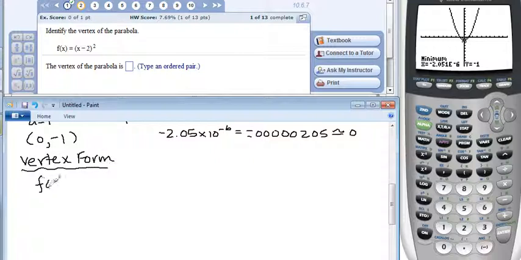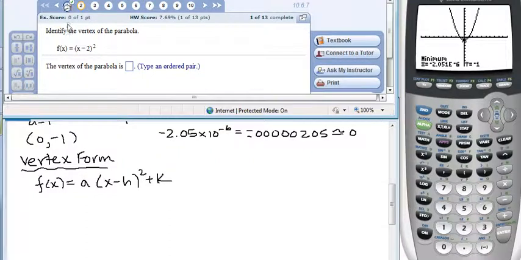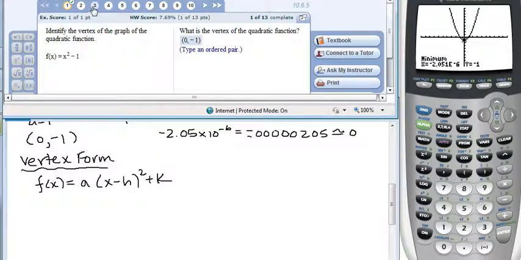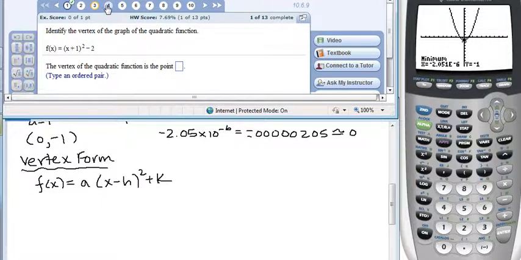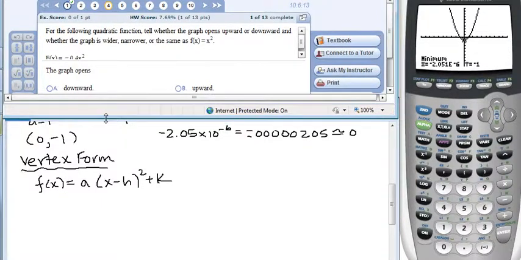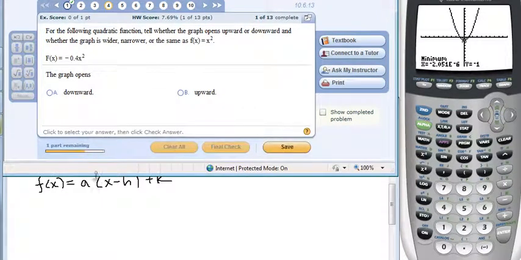So your vertex form is this, okay? And you can always identify it by these sets of parentheses here. You can see from this one there's no parentheses in there. I mean, look at this. That's vertex form. That is standard form. So you can kind of see.